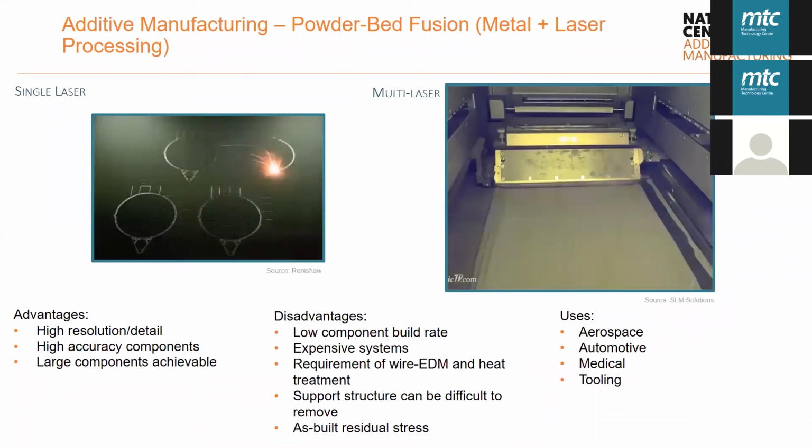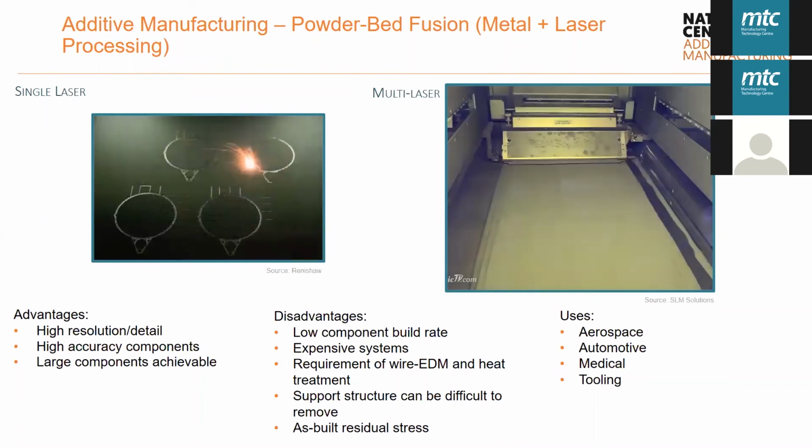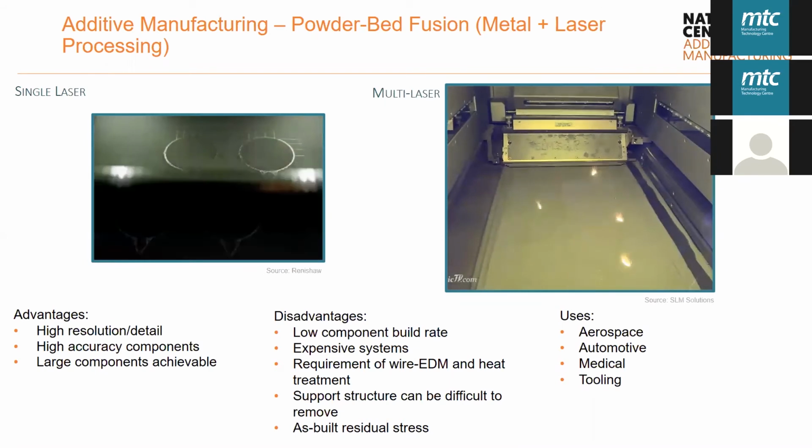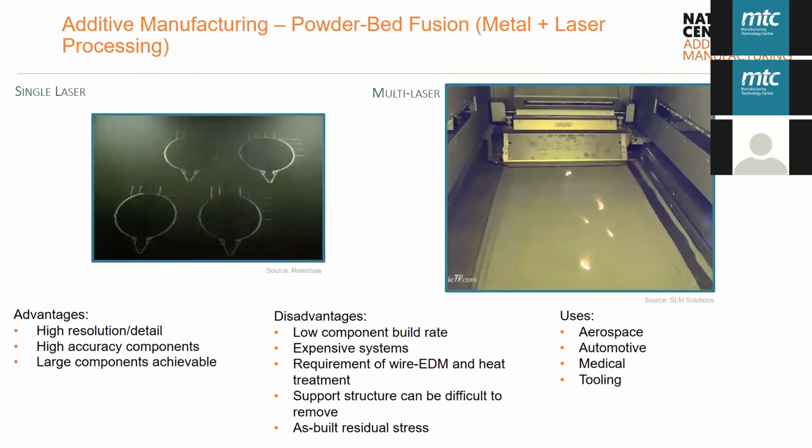Some of the disadvantages are potentially build rate, especially with some of the single laser systems. The throughput of components in this technology is a bit lower than potentially other metal AM methods. Some of the systems can also be quite expensive, and all the ancillary equipment, especially with the lasers, could be quite expensive.